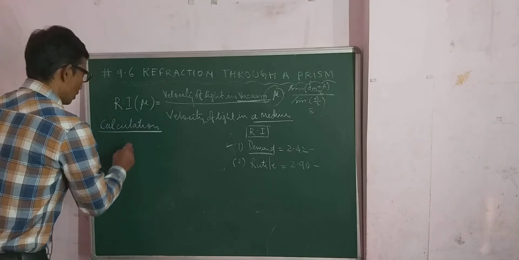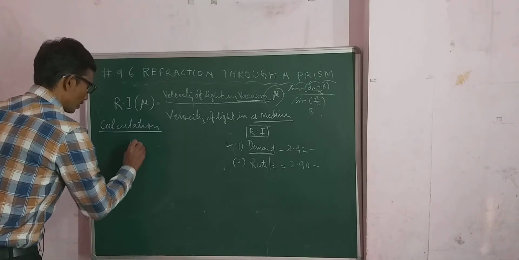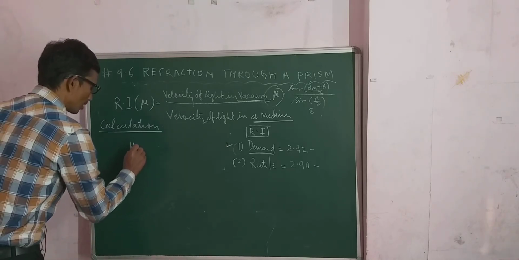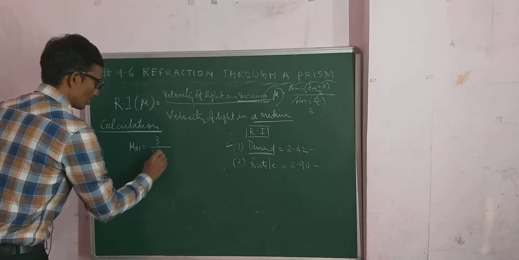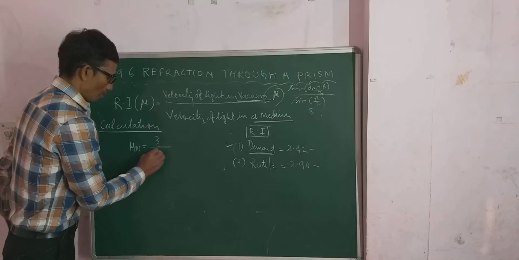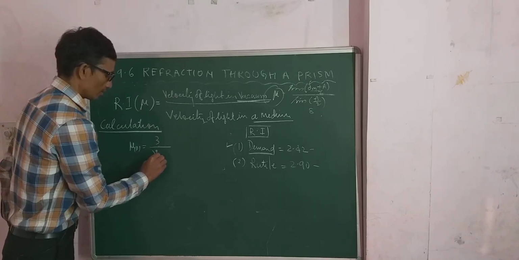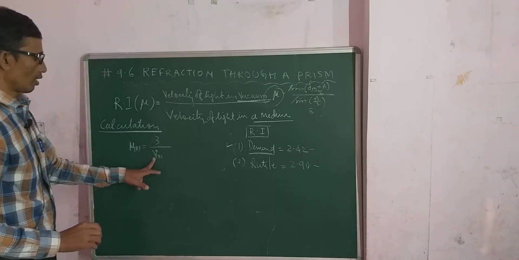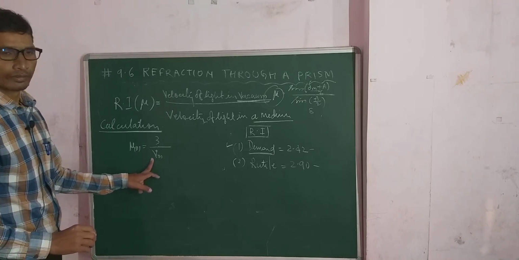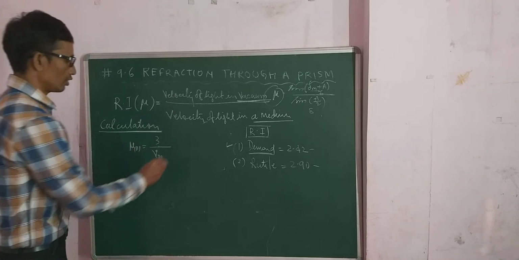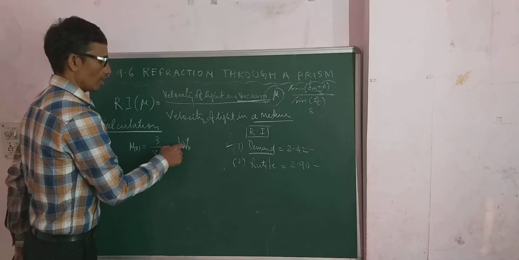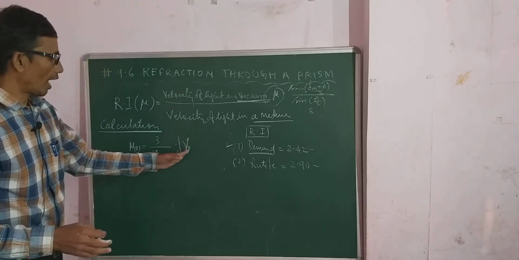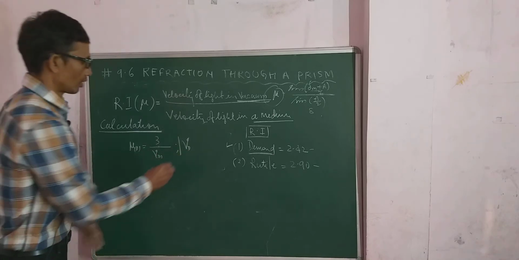So right here, this is the refractive index of diamond, n_D. It equals 3 into 10 to the power 8 divided by the velocity of the light through the diamond.